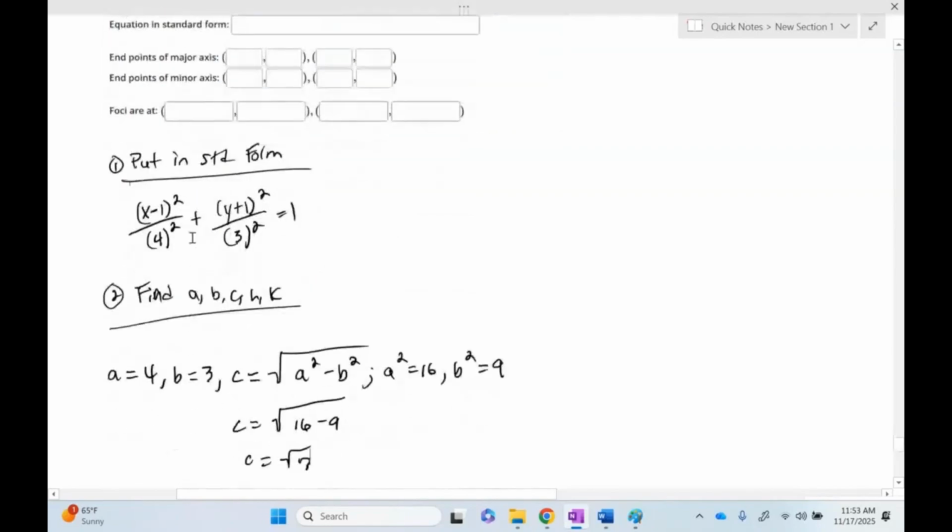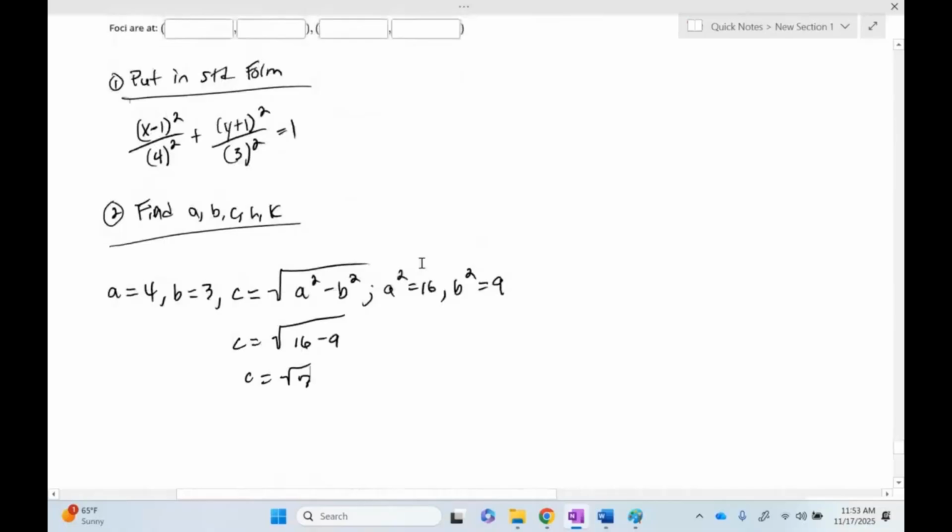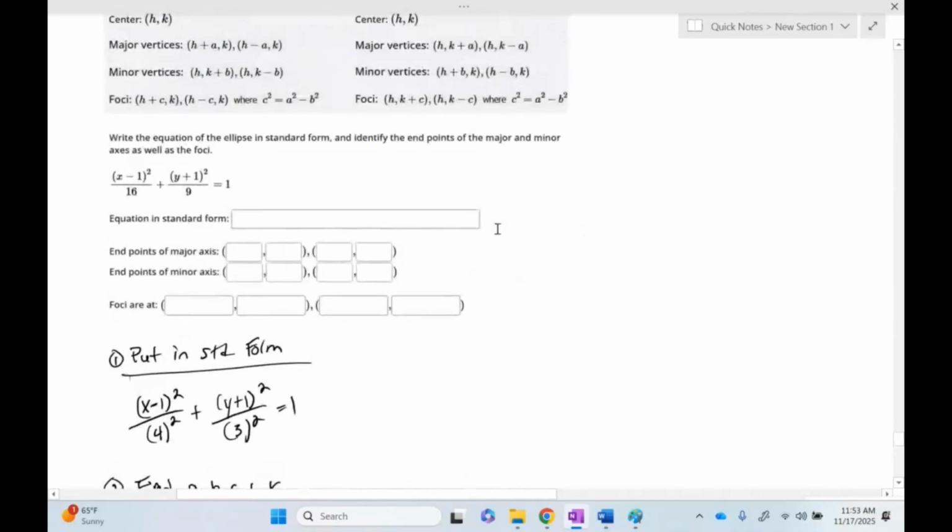So what is H? If we go back to our center, remember that H follows X. So H is going to be positive 1. K follows Y. Remember there's a sign change, so we have negative 1.